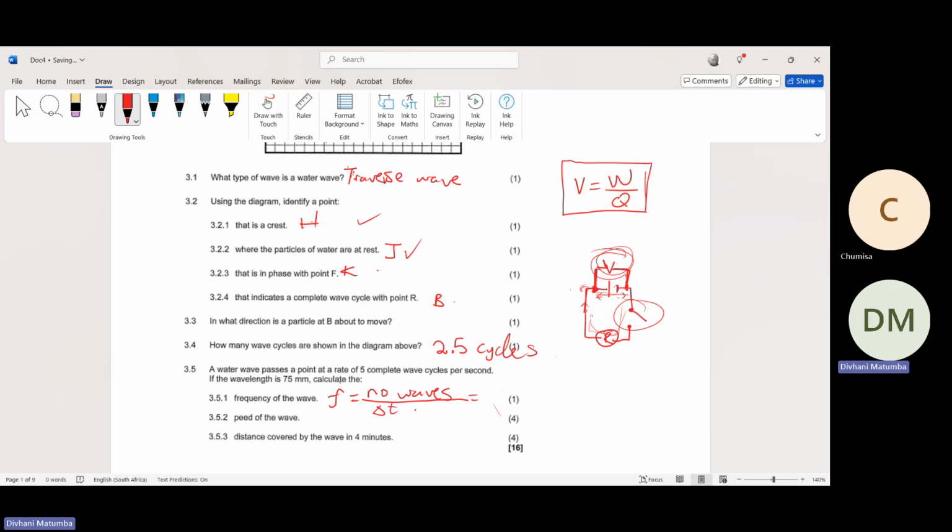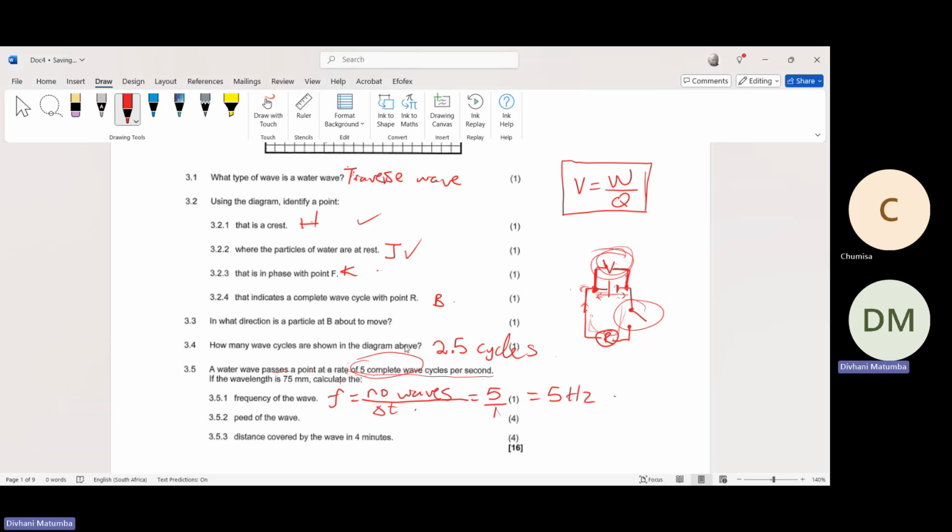So how many number of cycles or number of waves? 2.5. You see, they did stipulate it. Do you see? Yes, sir. 5 over 1 second. So we have 5 hertz. Do you see? Yes, sir.